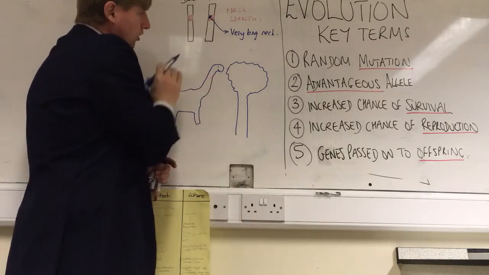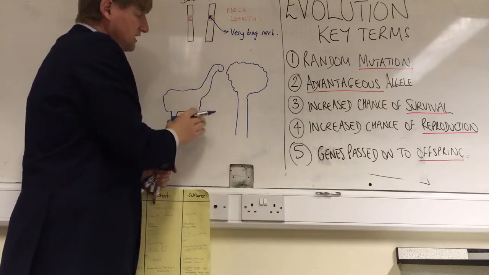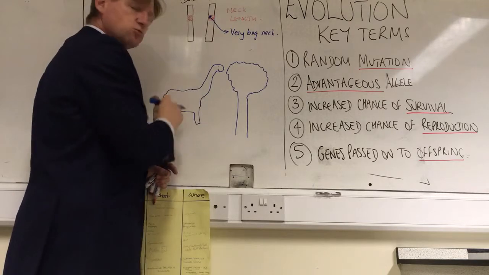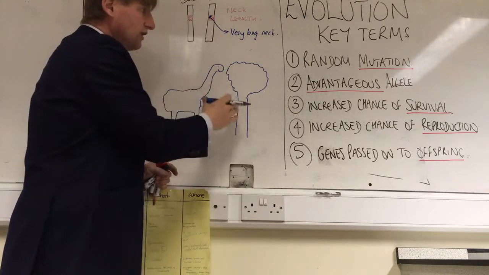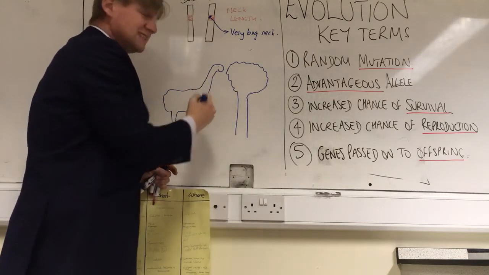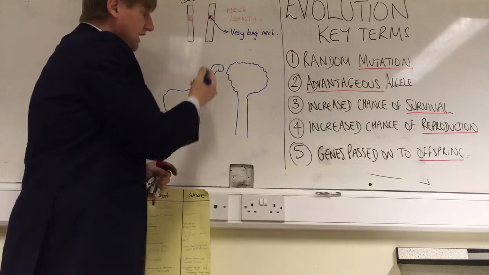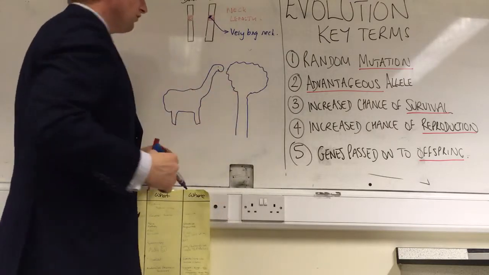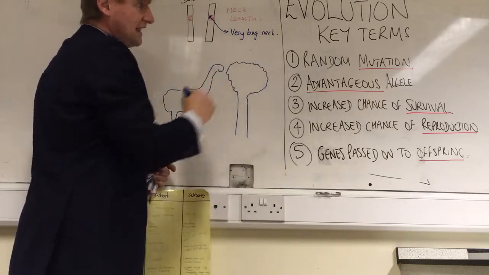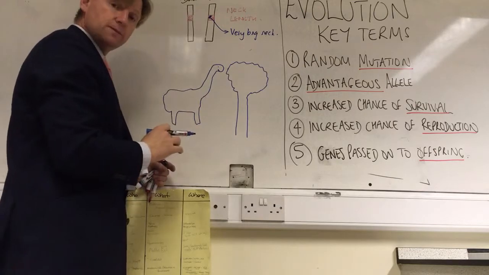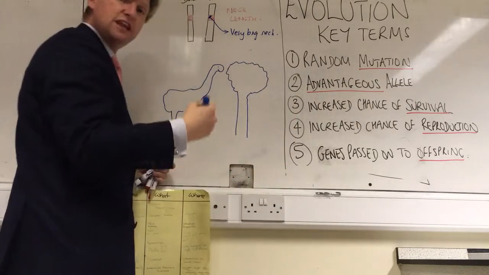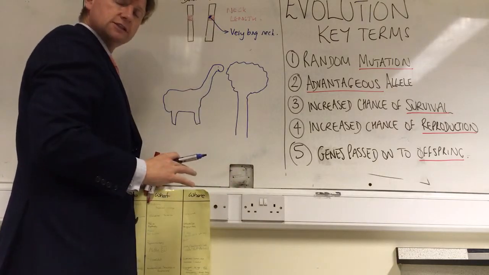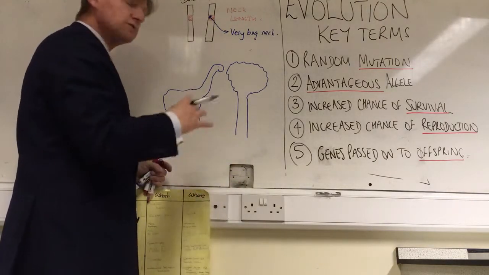So this random mutation has given this organism an even longer neck, and this one has an advantage over the even long-necked, but not as long as this. They're more likely to survive, they're more likely to reproduce, they therefore pass on that advantageous allele, that version of the gene, to their offspring. And then over 1,000 years, the shorter neck ones die off, and longer necks survive. And that is the process.